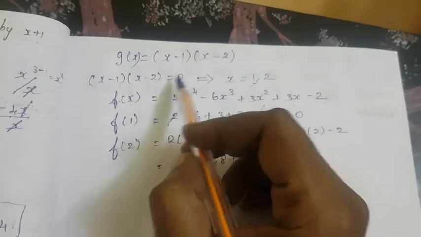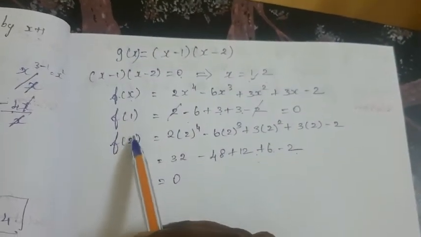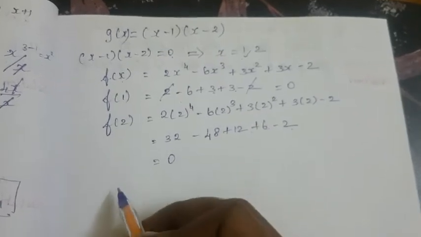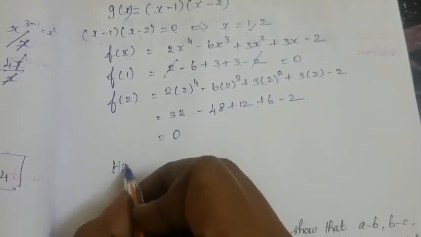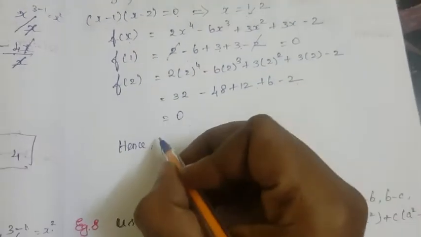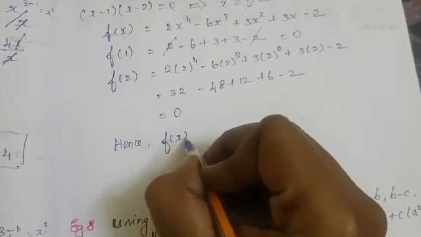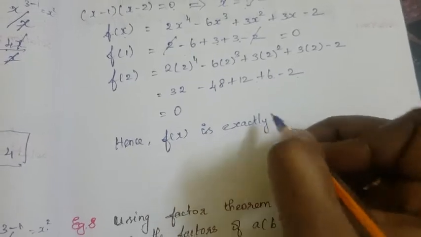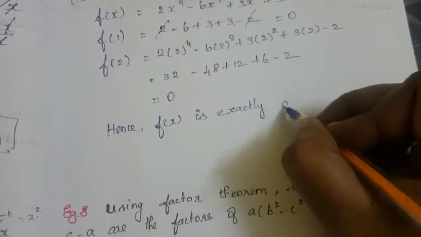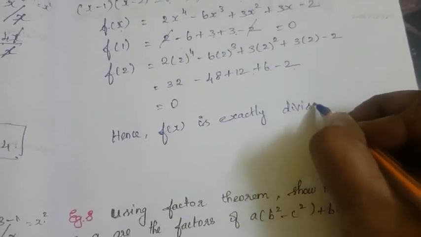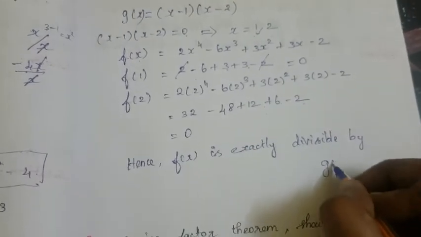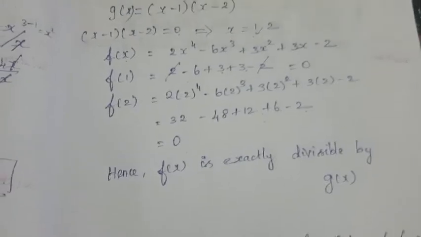We found the values, then applied them instead of x, and we got 0. So just write, hence f of x is exactly divisible by g of x. So this will be the answer.